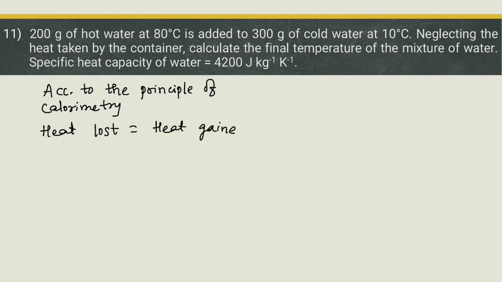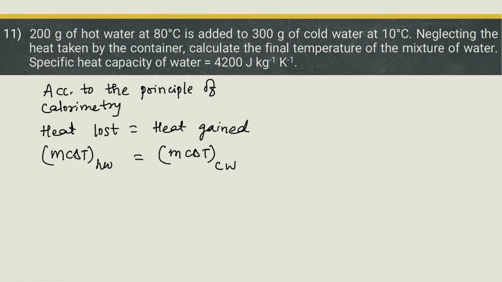Now we may ask this question, is it mandatory to write this every time? Answer is yes, it is mandatory to mention this opening statement always for calorimetry numericals. Heat lost, m c delta T, heat lost by hot water is equal to m c delta T, heat gained by cold water.